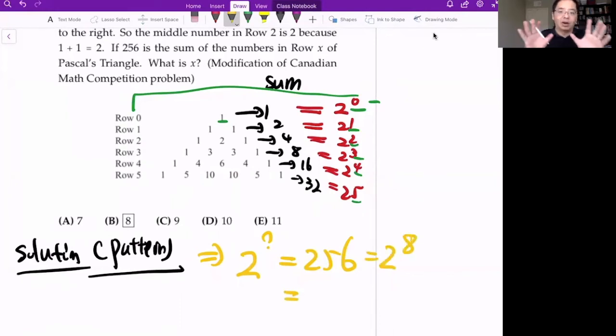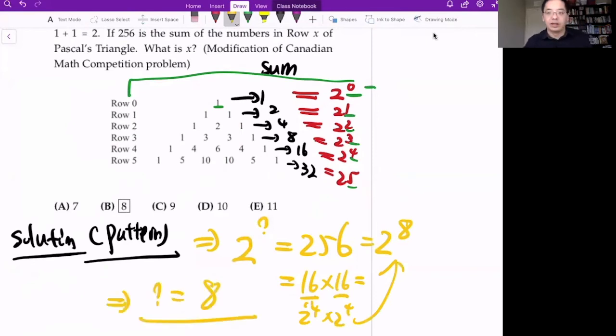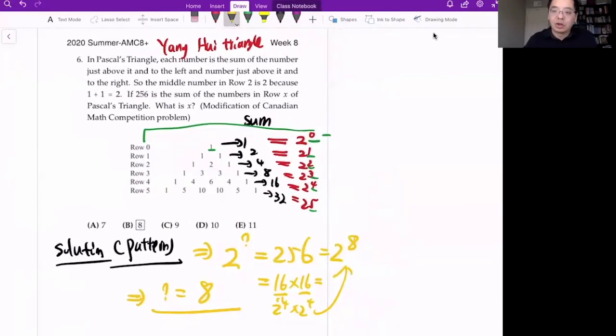It's the product of 8 twos. Another way to see it is this is just 16 times 16. 16 is 2 to the 4, and this is 2 to the 4, so we get 2 to the 8. So the answer is 8, on the 8th row.